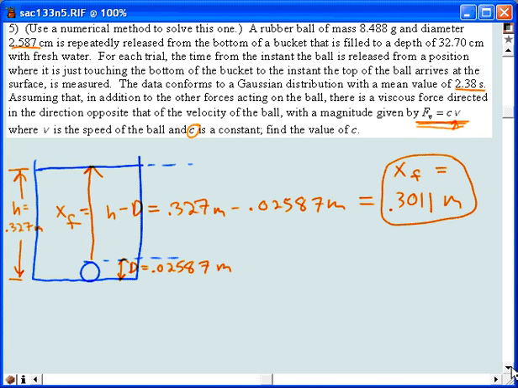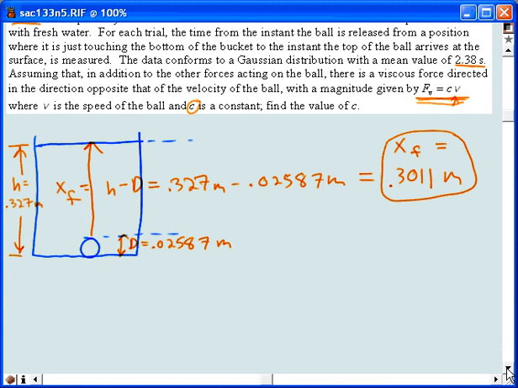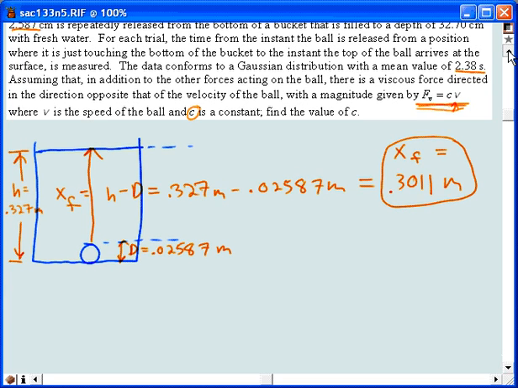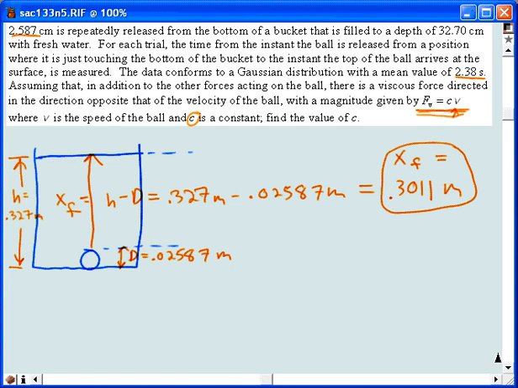So let's see if we can get an expression for the acceleration, and then we'll be able to use our numerical methods to find out, for some given value of C, how long it takes to get to the top, and play around with C until it takes 2.38 seconds to get to the top.